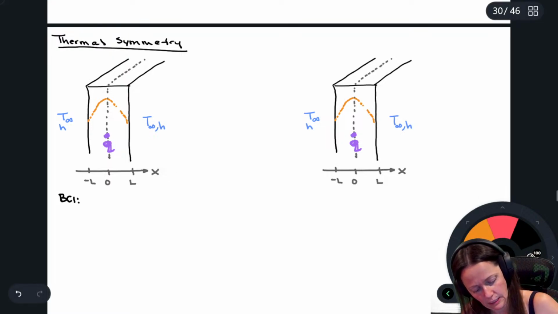So I'll have Q convection going out right here.